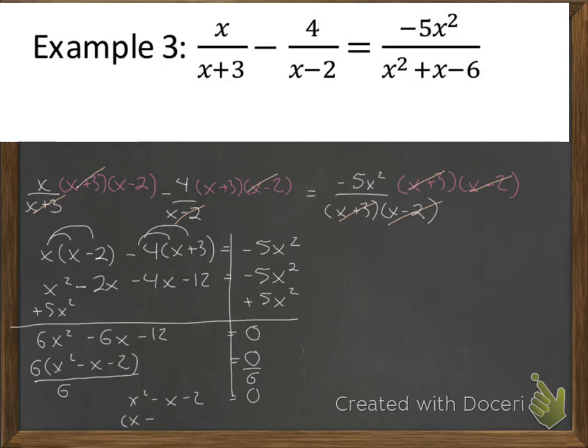So we're going to have x minus 2 and x plus 1 equals 0. Okay, so our two solutions are either x minus 2 equals 0 or x plus 1 equals 0. So either x is equal to +2 or x equals -1.